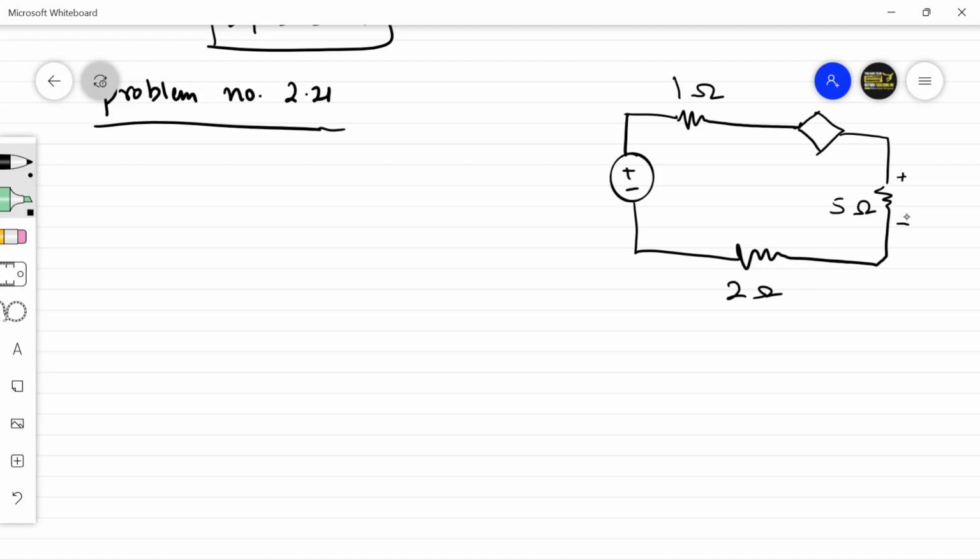The voltage across this is Vx. This is a dependent voltage source whose value is equal to 2Vx, and this is a 15 volt DC voltage source. So our aim is to find Vx in this particular case.